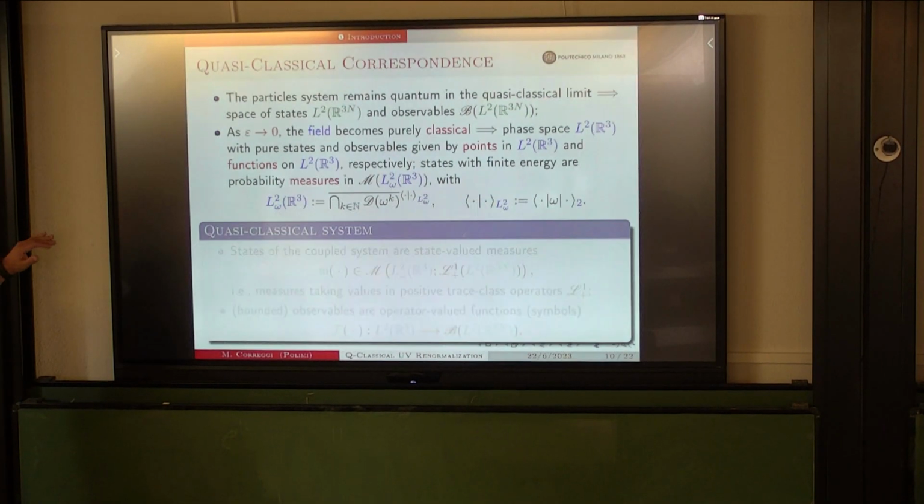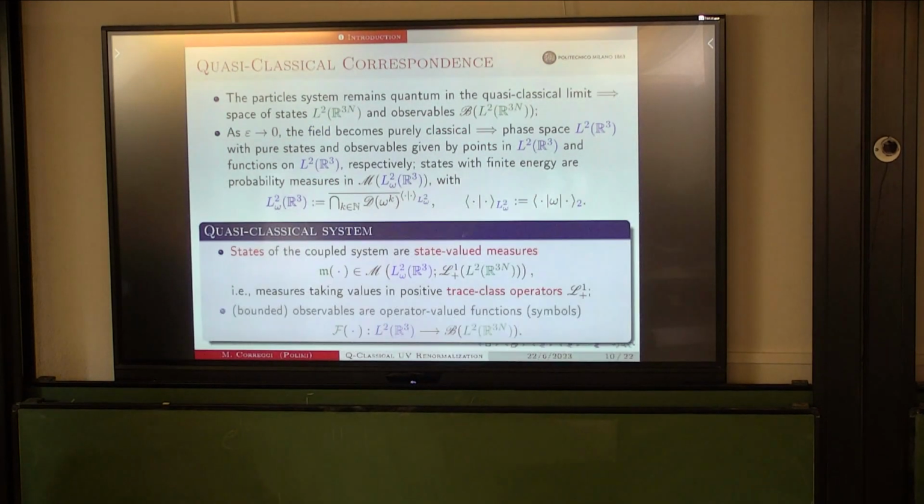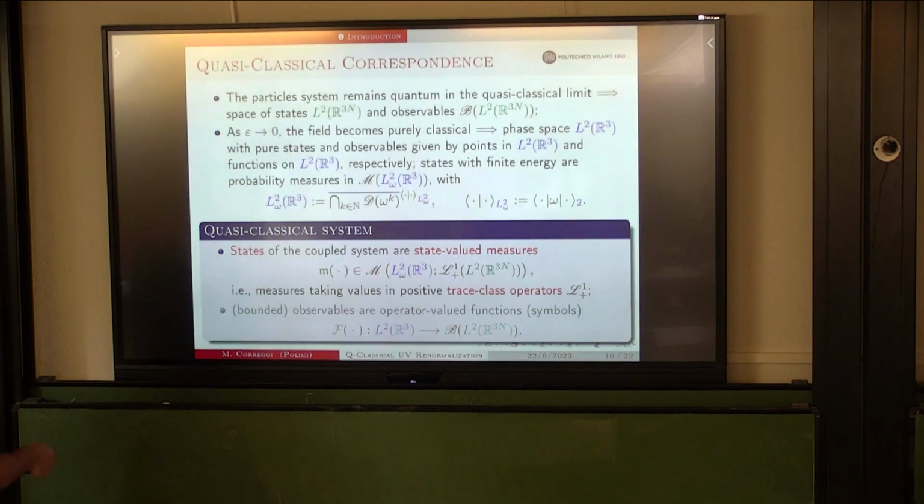Okay, now, this is just for the field. This is just for the particle. When you couple the two, what do you get, mathematically? You get an object which we called a state-valued measure, or somebody calls it a vector measure, or something like that. So it's a measure which goes from the phase space of the field onto trace class operators for the particles.